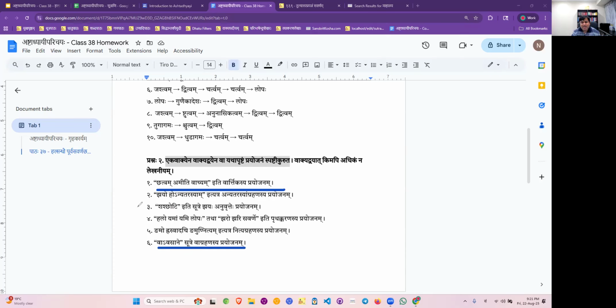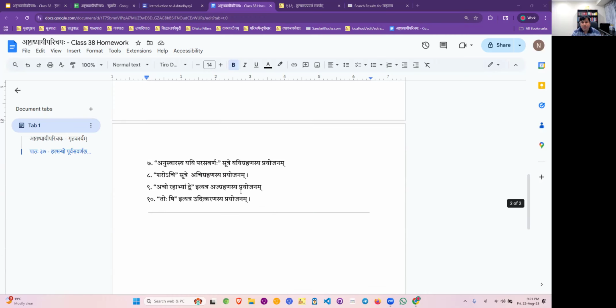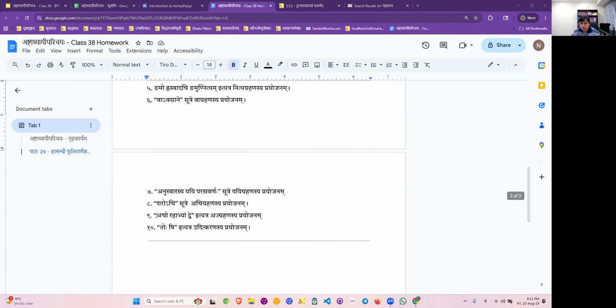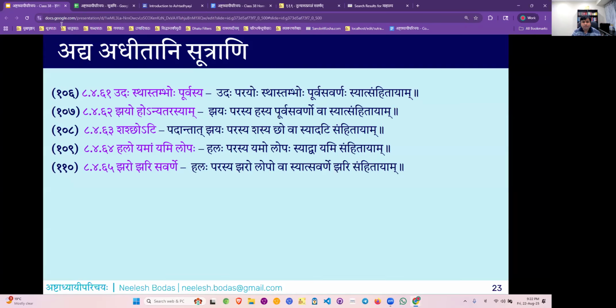Or va avasane iti sutre va iti grahanasya kim prayojanam asti. The questions are from all the Hal Sandhi related classes, not just today. And there are questions on the next page also. Don't just stop at the first page. So achorahabhyam dve ityatra ach grahanasya kim prayojanam. To hoshi ityatra udit karanasya kim prayojanam. So prayojanas are asked, one or two lines, you should be able to answer them.